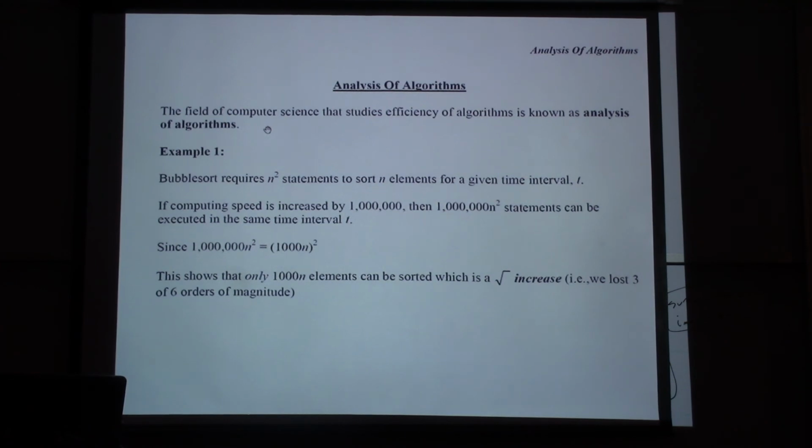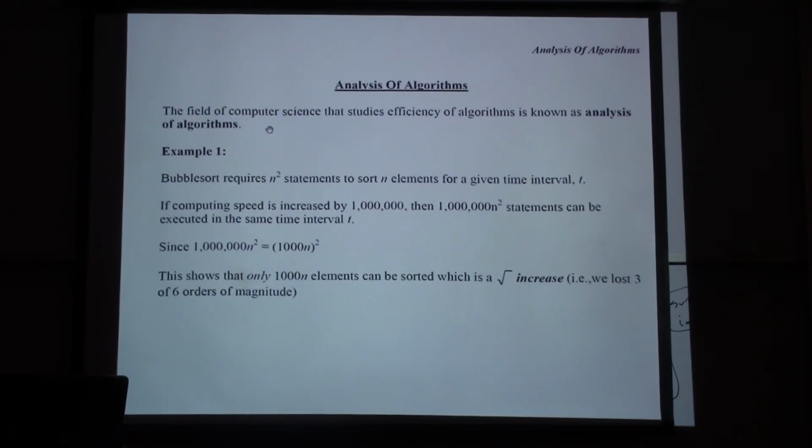Now, how do I go here? So if in time t, I know I can execute n squared statements, because the complexity, or the proportional number of statements that need to execute in bubble sort, is n squared. Proportional means cn squared, some coefficient times n squared, right?